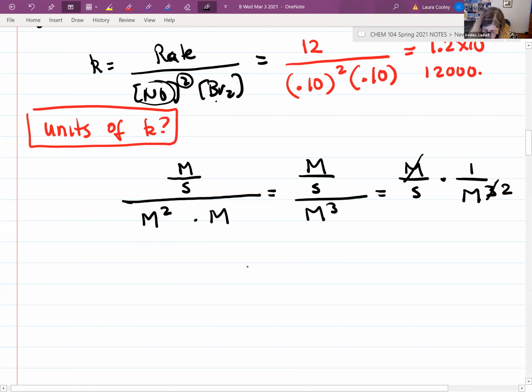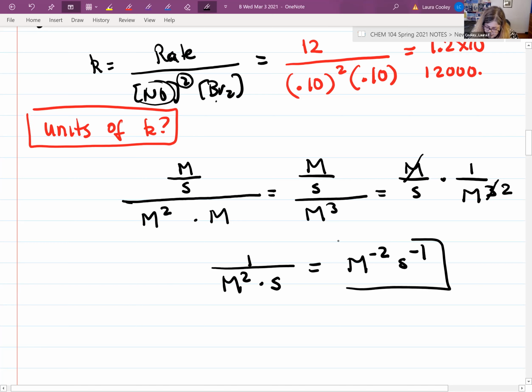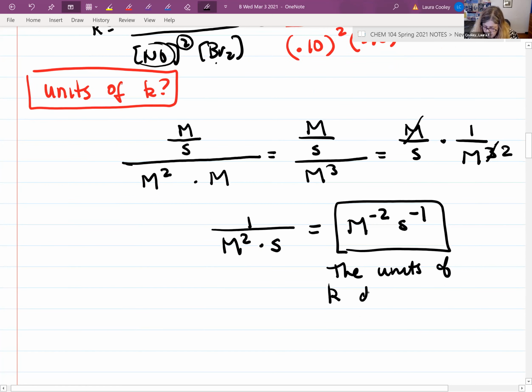So we'll end up with 1 over molar squared seconds, which is usually expressed as molar to the -2, seconds to the -1. And this is the units of k for a third order reaction. It's third order because it's second order in NO and first order in Br2.